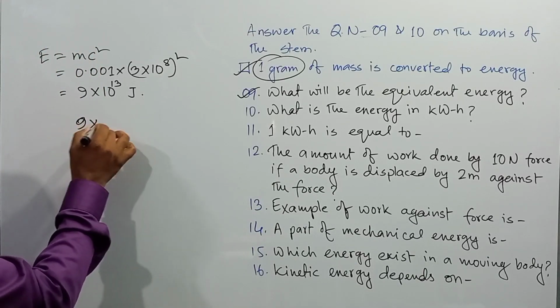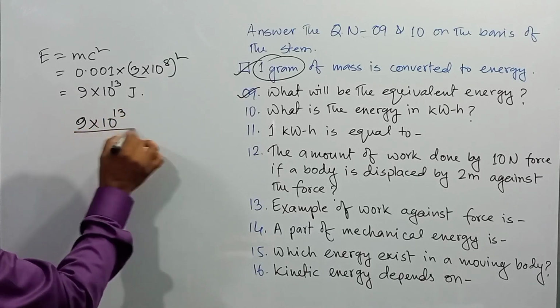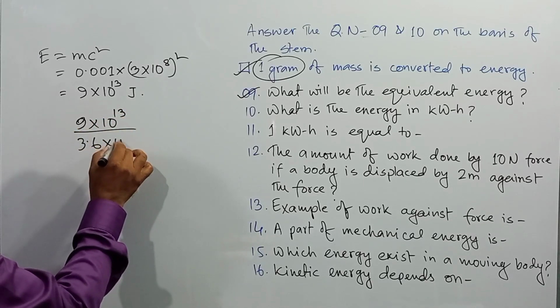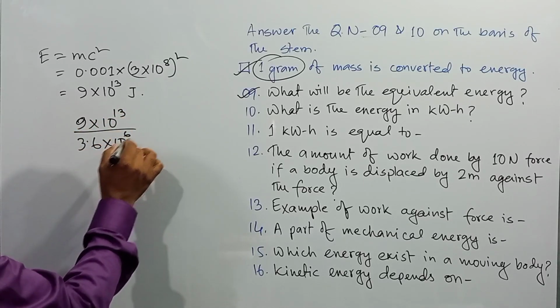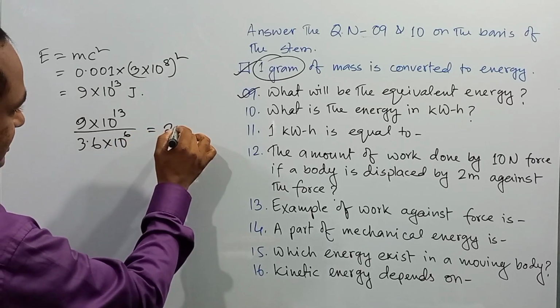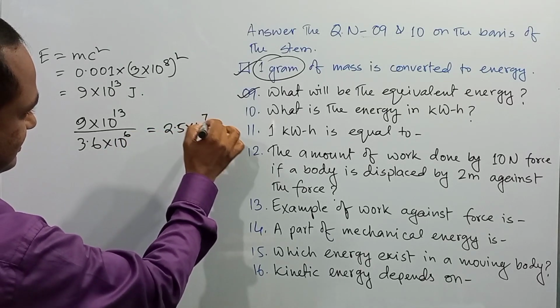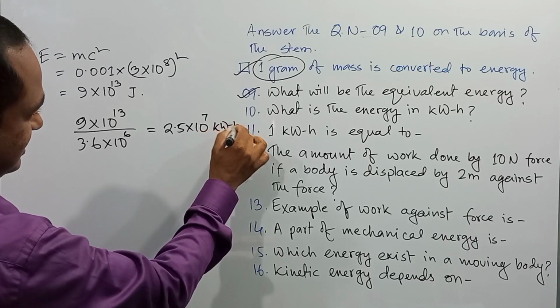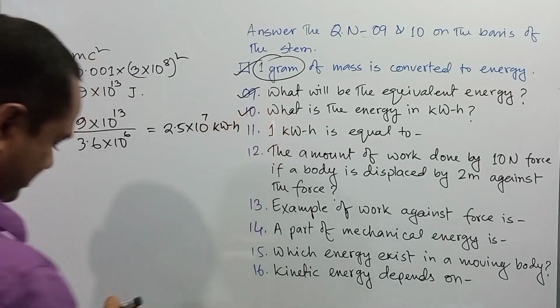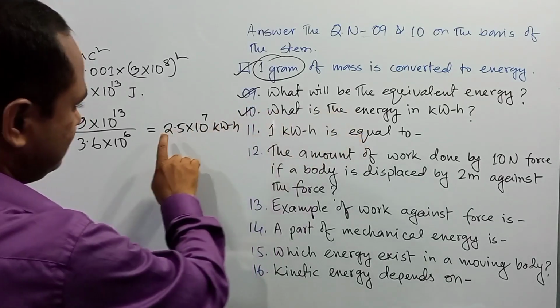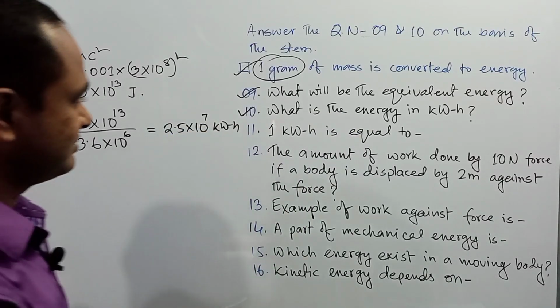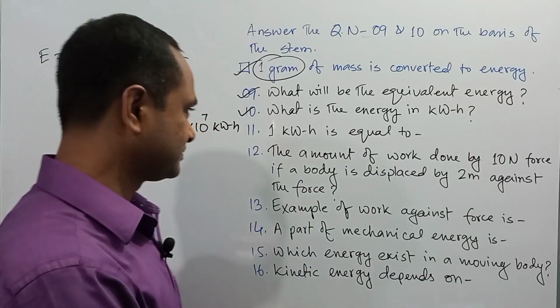So 9 into 10 to the power 13 divided by 3.6 into 10 to the power 6, and after the calculation you will get 2.5 into 10 to the power 7 kilowatt hour. So the amount of energy in kilowatt hour will be 2.5 into 10 to the power 7 kilowatt hour.